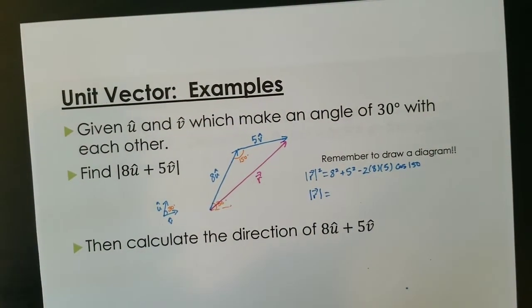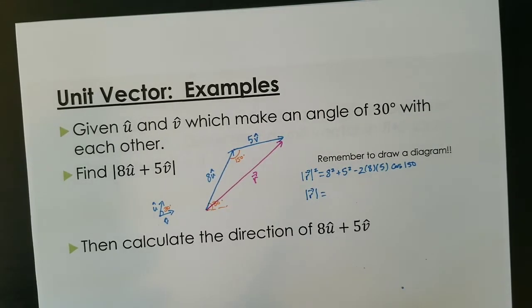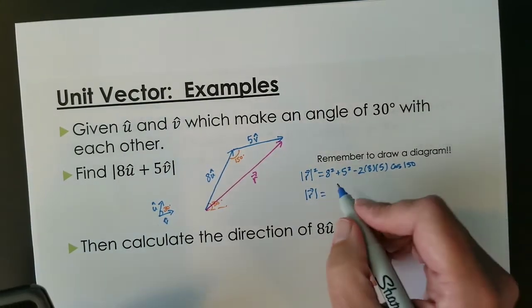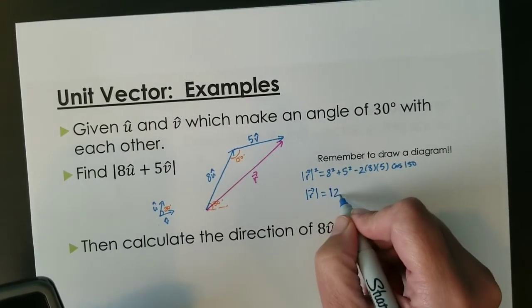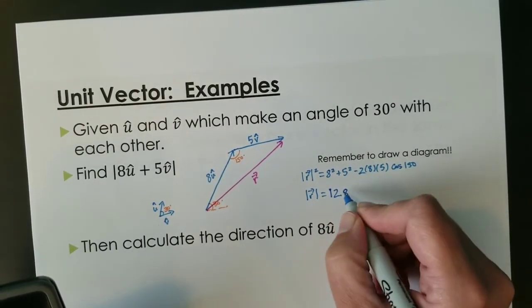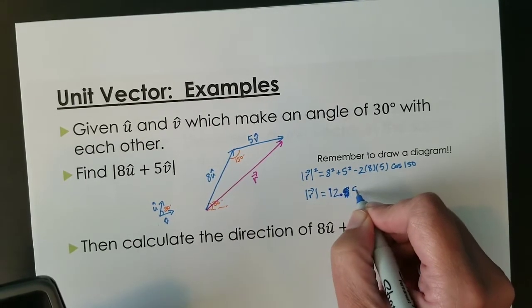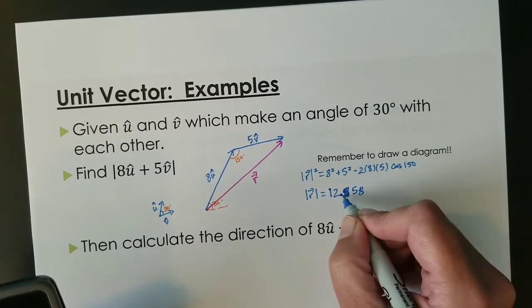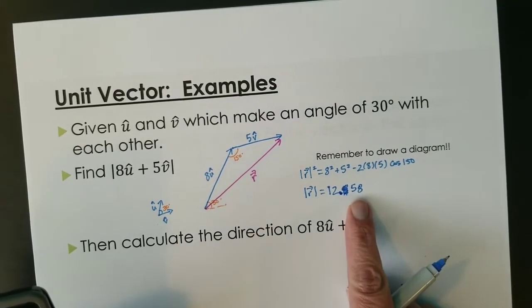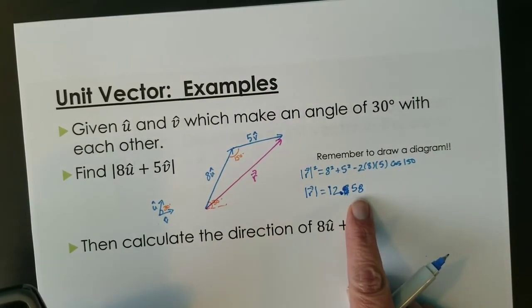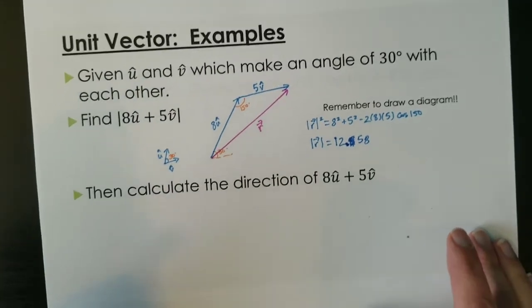So pop that all into my calculator, and do the square root. We get about 12.58. So about 12.58 is the magnitude of the resultant.